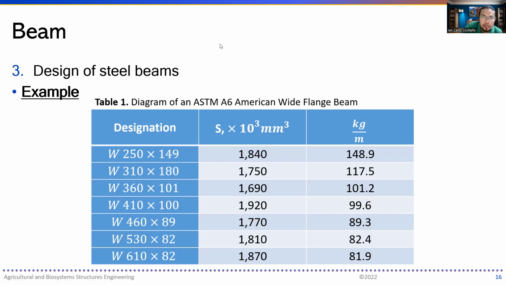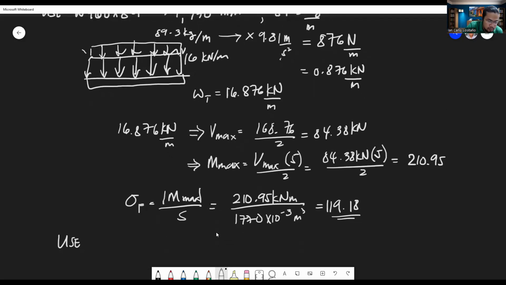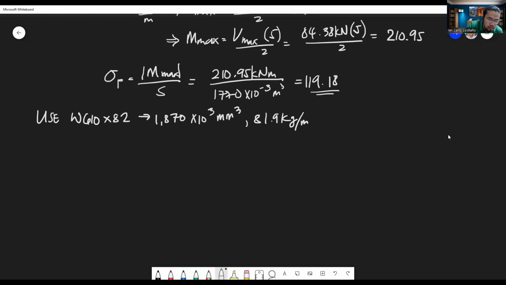So we get the value 1870 times 10 to the 3 mm cubed, and the weight per length is 81.9 kilogram per meter. Again, it's methodical.